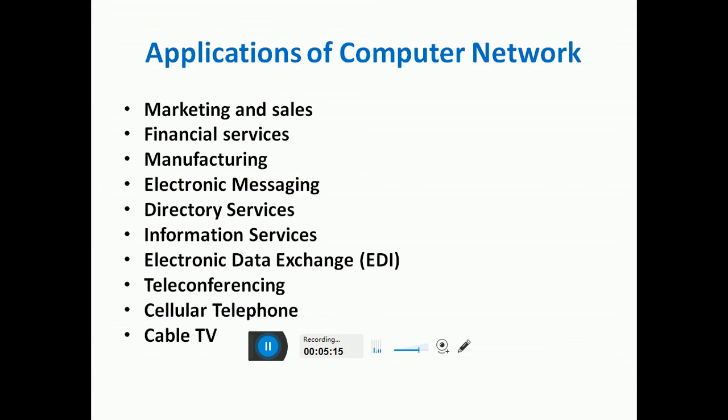So with the help of networking, that result can be combined and organizations can use that result for identifying the analysis.